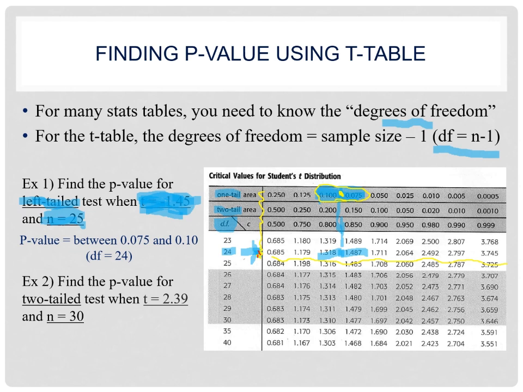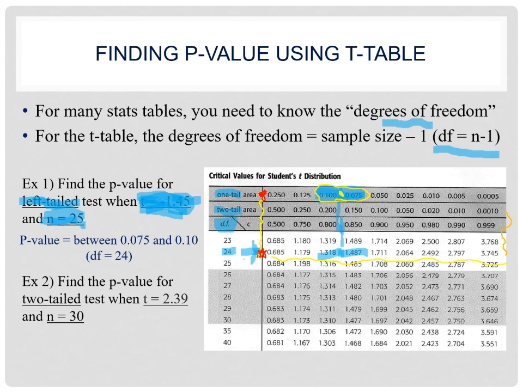When you go up, and let's say it was a one-tail area, you would look at the numbers. They start off very small on the right and they get bigger and bigger. So if you had a test statistic of 0.5, you would say the p-value is greater than 25% or 0.25, because you can see the numbers are getting bigger as you go left. So greater than 0.25.